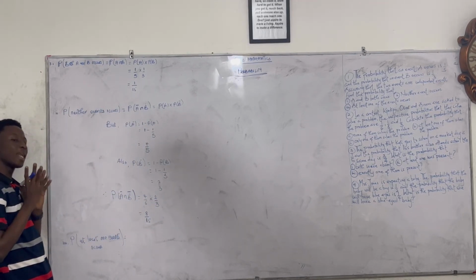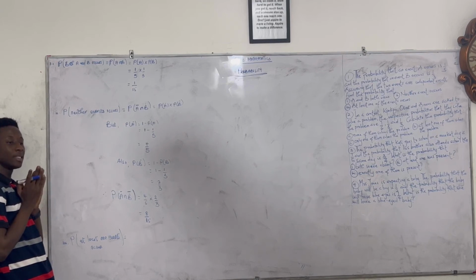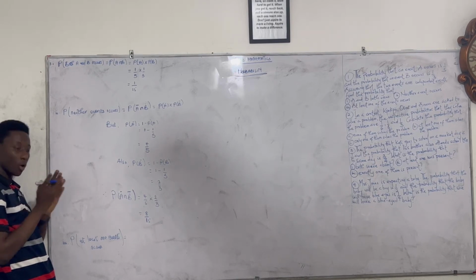The probability that at least one event occurs means the probability that A occurs, or the probability that B occurs, or the probability that both A and B occurs. So that's what it means, okay.